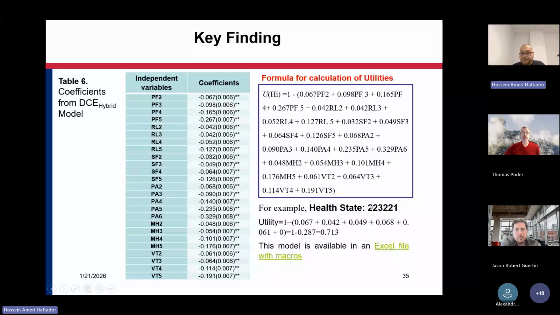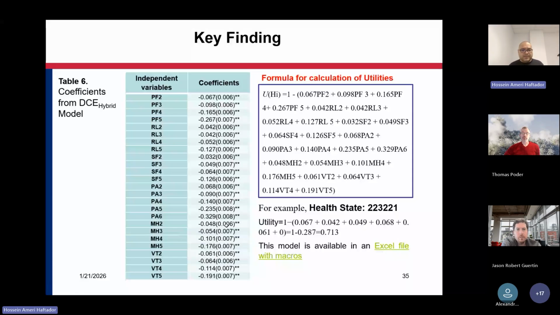So we have to sum the value of each level. I mean, this one is level 2, this one is level 2, and this one is level 3. Also, we generated an Excel file based on this formula so that researchers can use it easily. Here is an example, an Excel file.